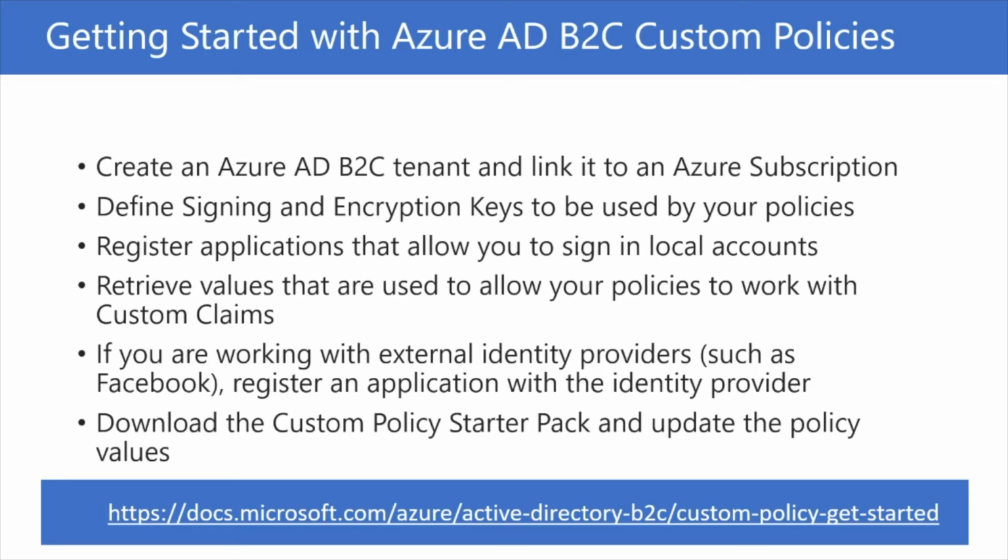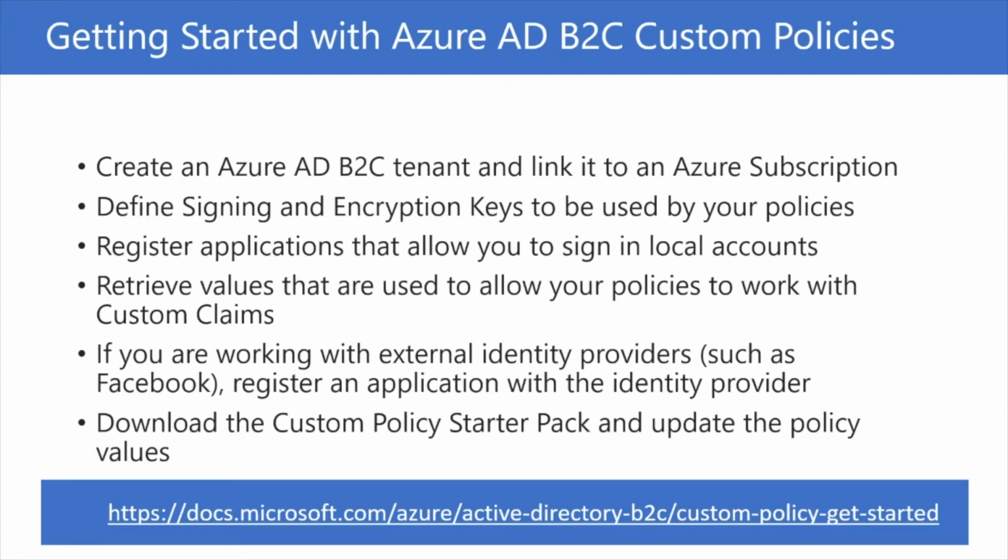You'll have to define signing and encryption keys to be used by your policies. You'll have to register a couple of applications that allow you to sign in local accounts. You'll have to retrieve some IDs that are used to allow your policies to work with custom claims. And if you're working with an external identity provider like Facebook or Twitter, you'll have to register an application with that identity provider.